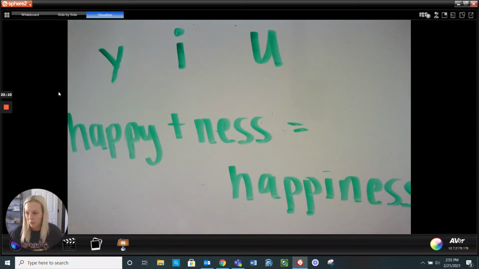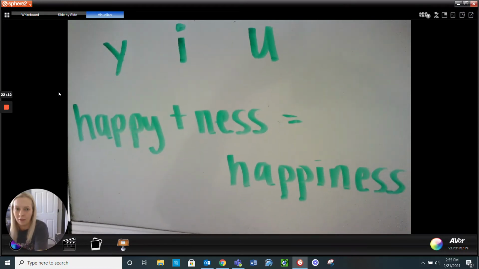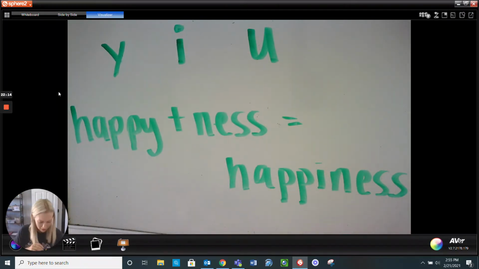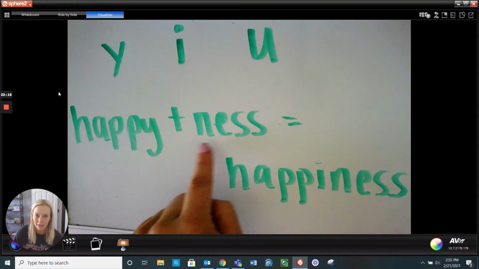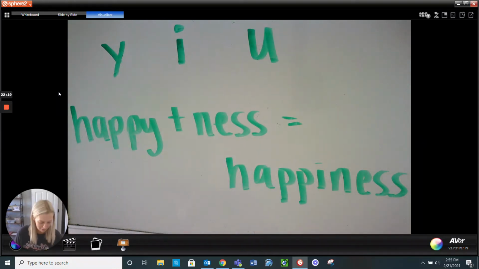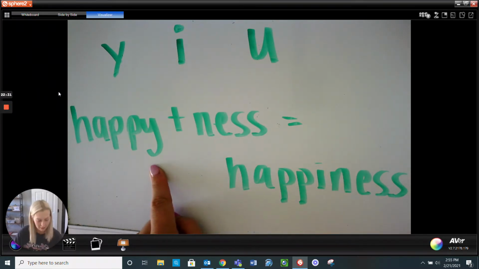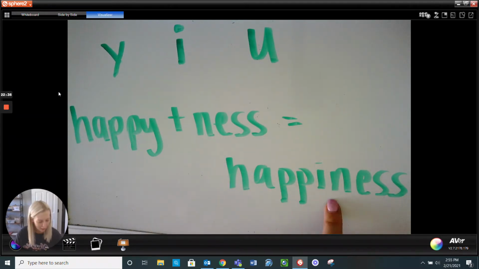Ooh, almost ran out of space there. Here you go. All right, so happy plus ness equals happiness. Why does the I say the long E sound in happiness? Because the single vowel Y said the long E sound in happy. So when it changes to I, the I also says the long E sound. Remember when we talked about that?